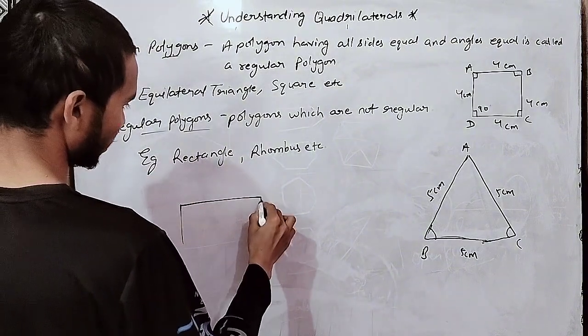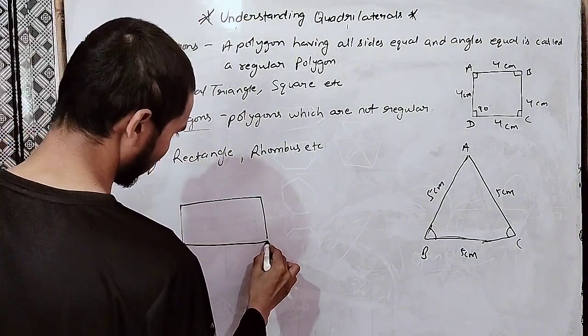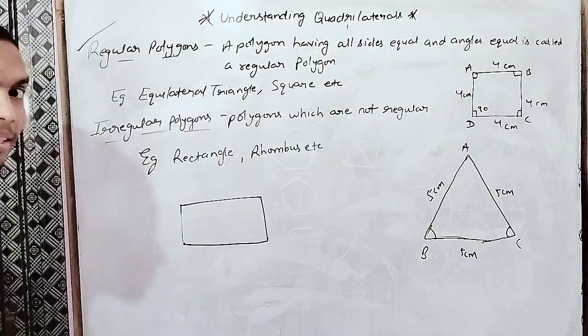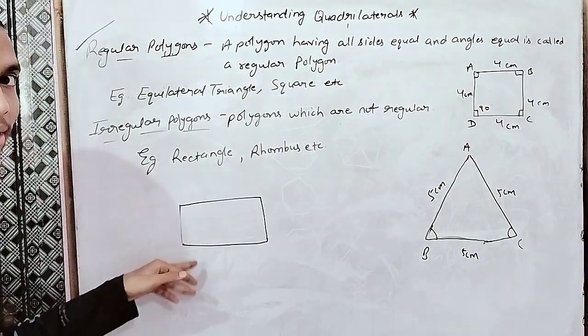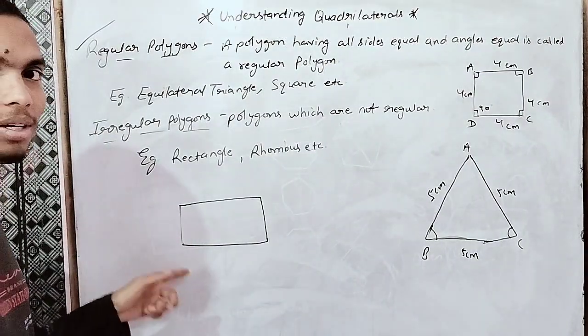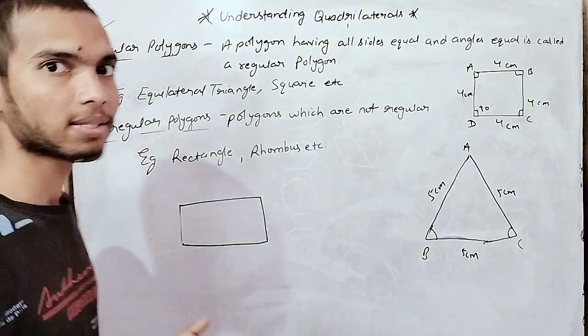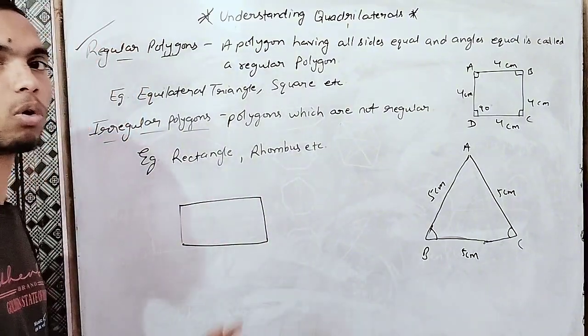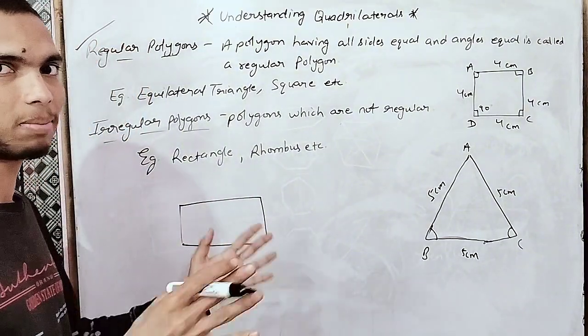In this diagram, this is not a square. Why? Don't worry, we will come to this context. This is not a square. A square says all sides will be equal.